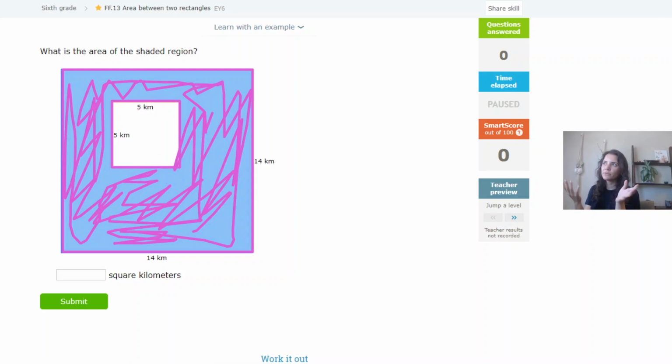So if we think about what we're actually doing, we're going to start with some area, and then we're going to subtract out some area. So I am starting with the area of this larger square, which I can find by doing 14 times 14. What is 14 times 14? I don't even know.